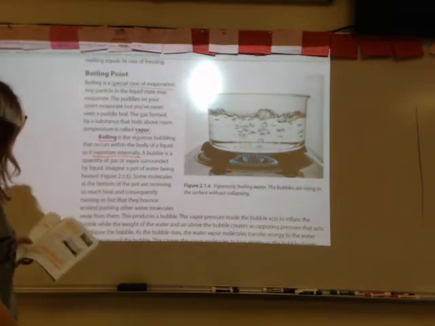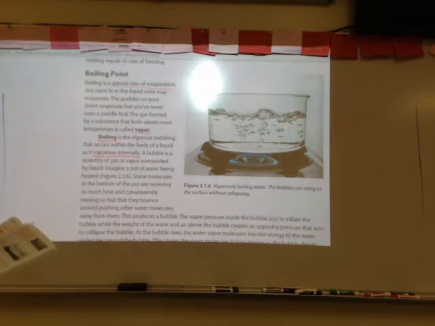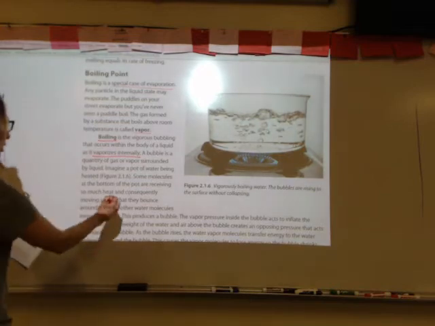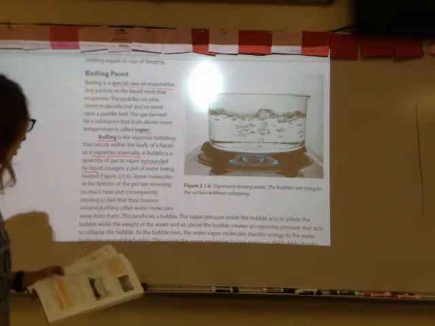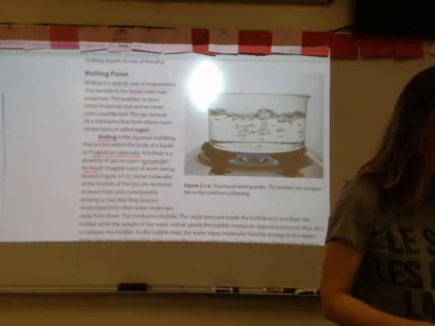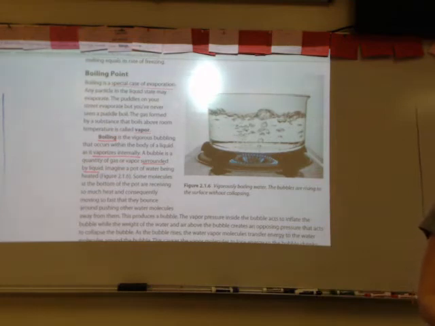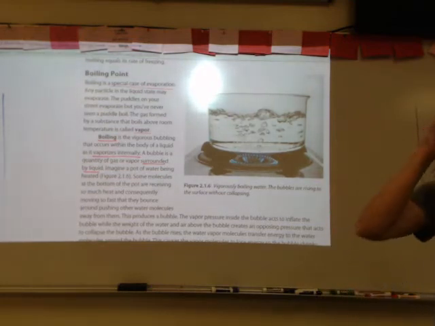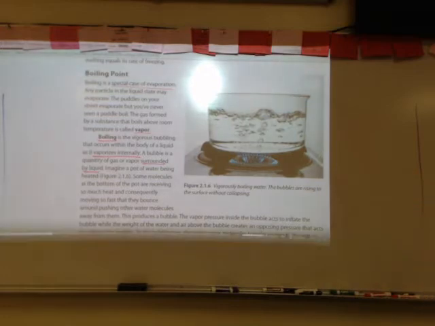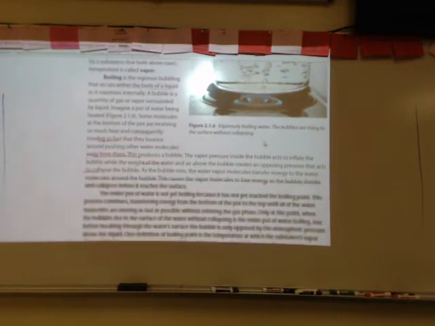And a bubble is a quantity of gas or vapor that's surrounded by liquid. And if you have a pot of water that's being heated, some molecules at the bottom of the pot are receiving so much heat and they're moving so fast that they actually bounce around and push other water molecules away from them, and that produces a bubble.